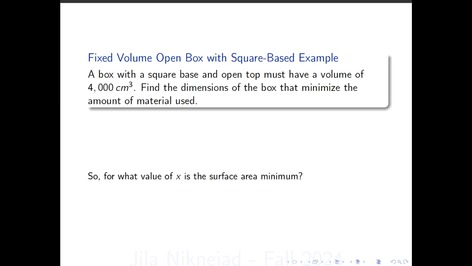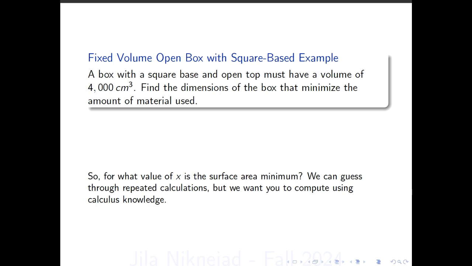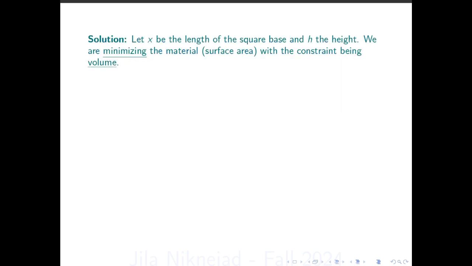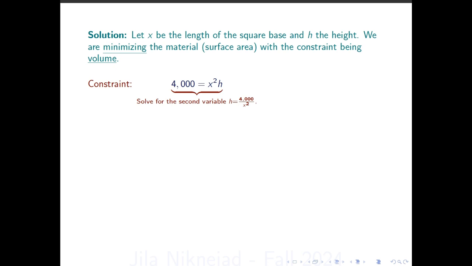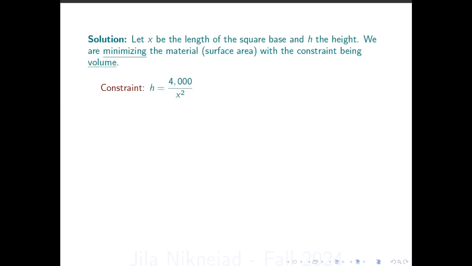At this point, if you are a pre-calculus student and you want to find this minimum surface area, the only thing that you can do is to graph the function. Again, remember, constraint is 4,000 is equal to x squared h, which means h is equal to 4,000 divided by x squared.